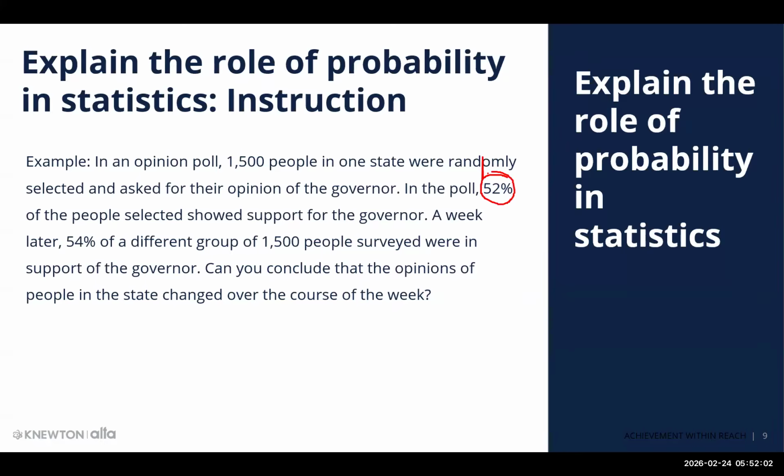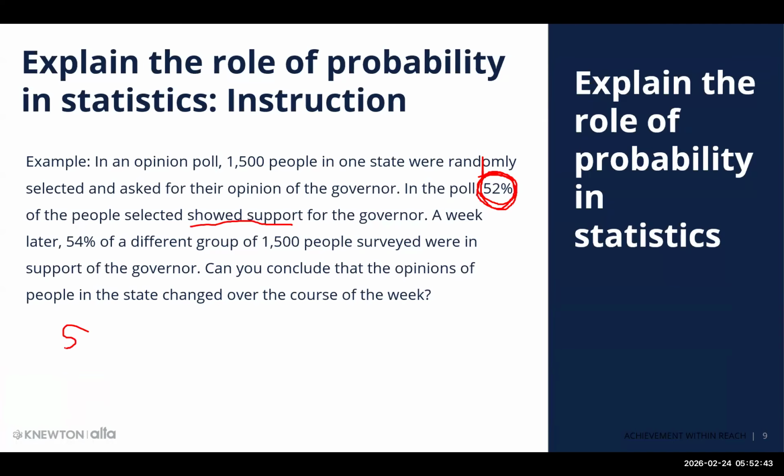So what's happening here is you're using this as your foundation. You either show support for the governor or you don't. You can think of this as a slightly weighted coin where you show support. Let me try that again.